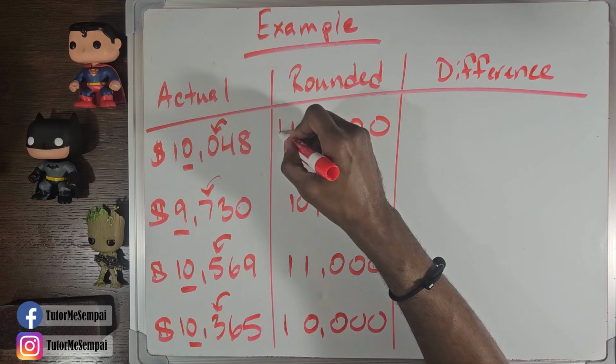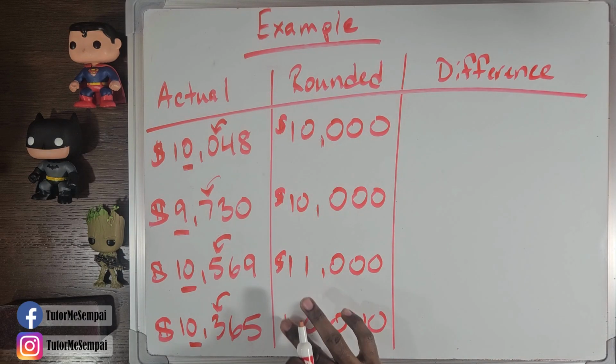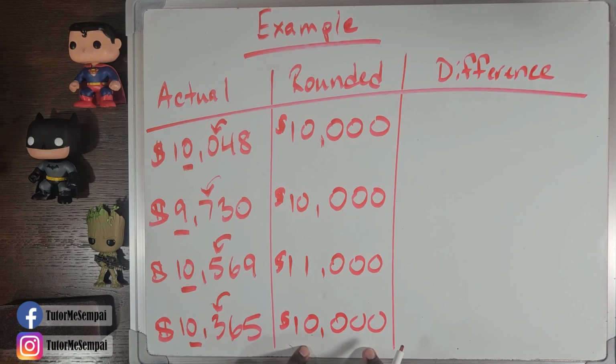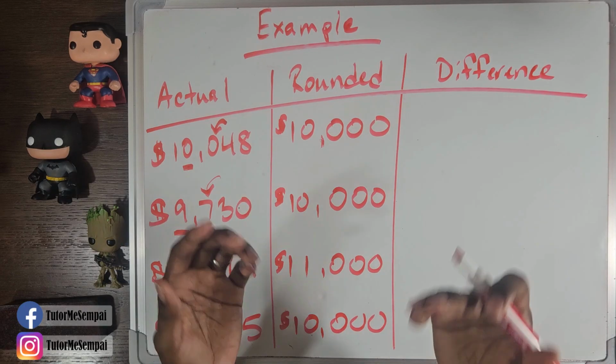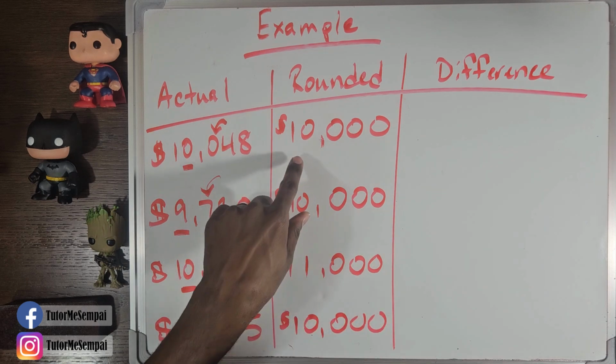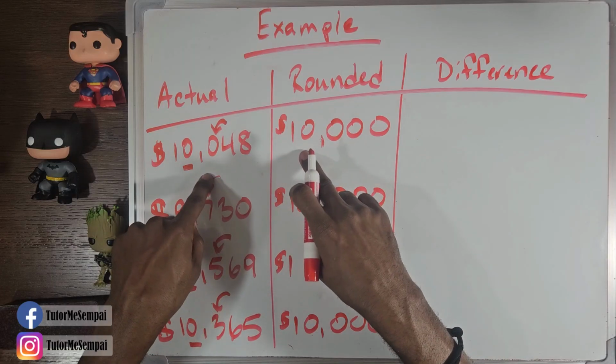So our bills that we received from our company that we hired out look like this. 10,000, 10,000, 11,000, 10,000. Now, these are nice numbers, but you're paying this money out. How much more or less are you paying for your first bill?